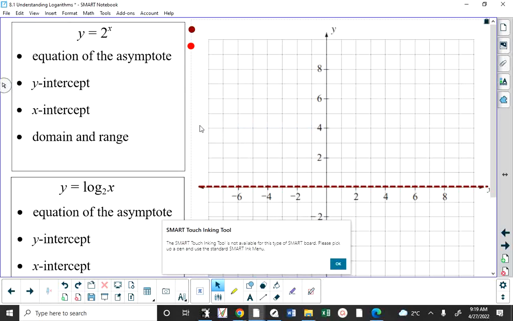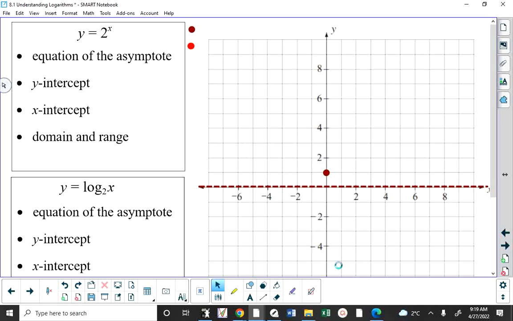That should be okay. We also know that y equals 2 to the x has a y-intercept of 1. Any exponential function of the form y equals c to the x will go through 1 on the y-axis. In addition, since the base is 2, every time we increase x by 1, y gets doubled.